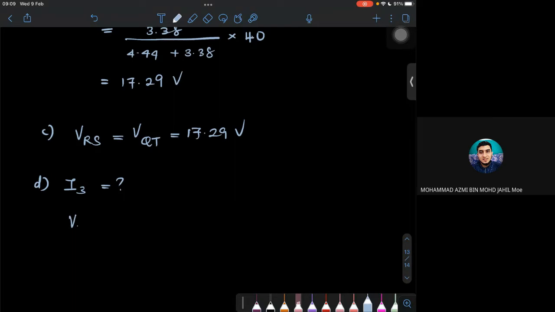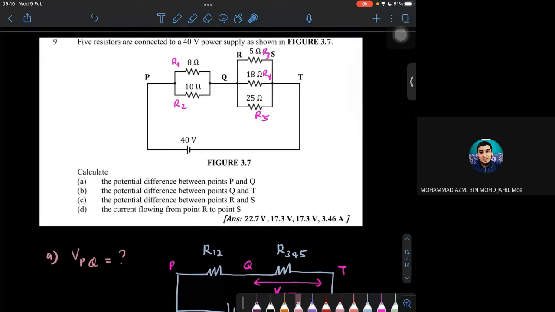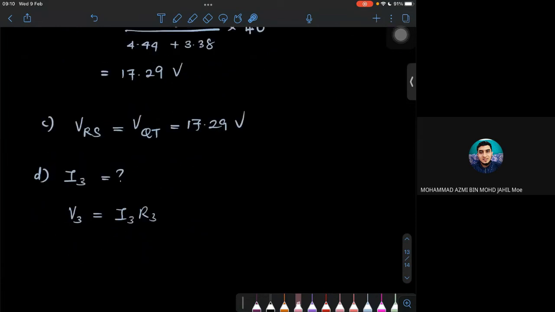So in order to find I3, we must have the value of the resistance at that resistor and the voltage at that resistor. Okay, so the voltage at RS, we have already obtained, which is equal to this one, 17.29. So you just substitute it in. So V3 here is actually the same as VRS, 17.29.